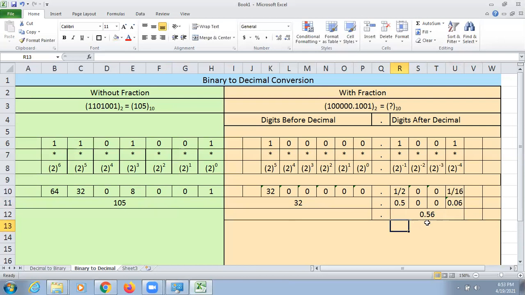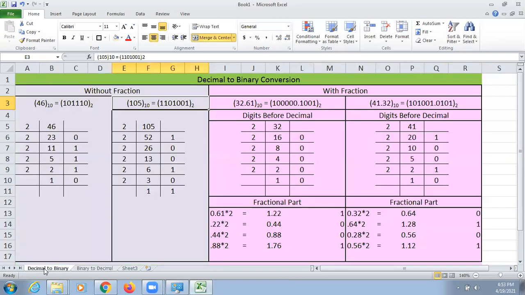It will not exactly match the answer you converted from binary to decimal, because here it is 0.61. Why is it not matching? Because we did not completely solve this question. We stopped our calculation after 4 digits. We can further increase this calculation, but we stopped after 4 digits.